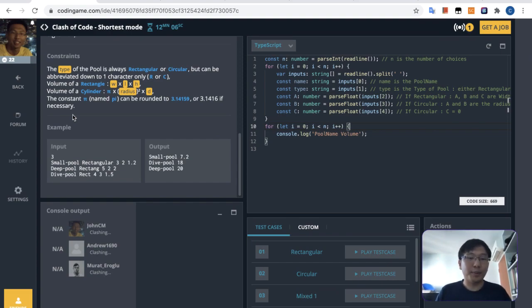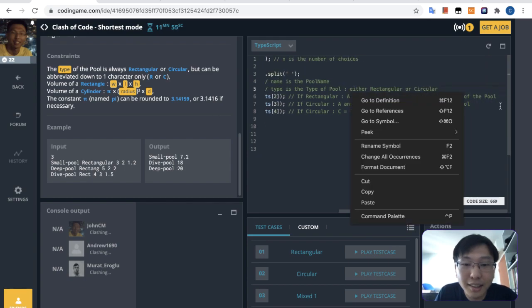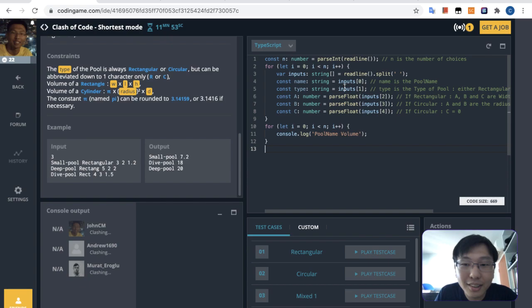Okay, I think this problem is a pretty simple one. You just need to calculate the volume of the water based on whether it's rectangular or not. These inputs at the top, why is it so lengthy?